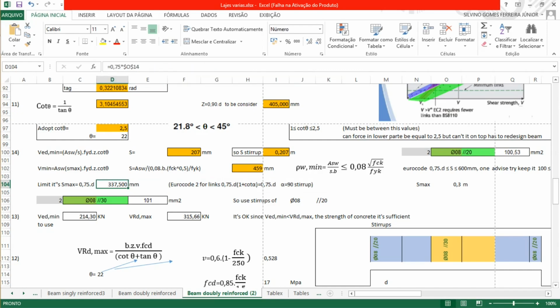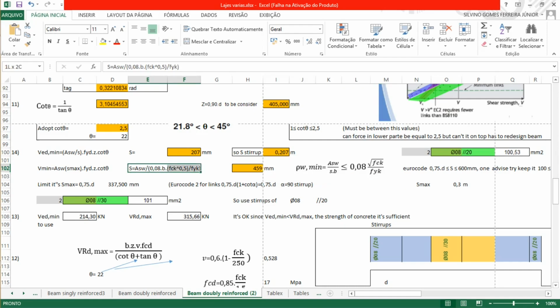Okay, so we have this equation for the minimum ratio of steel. It has to be greater or equal to 0.08 root of fck over fyk. When we pass the spacing to the other side, we get this equation.